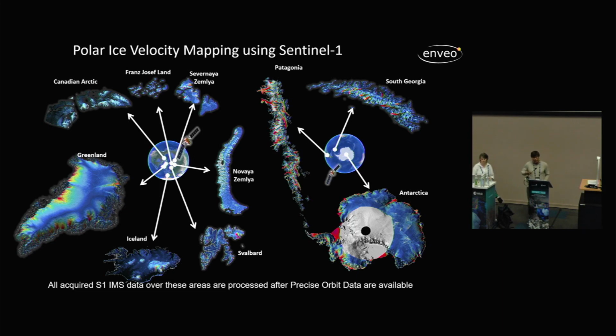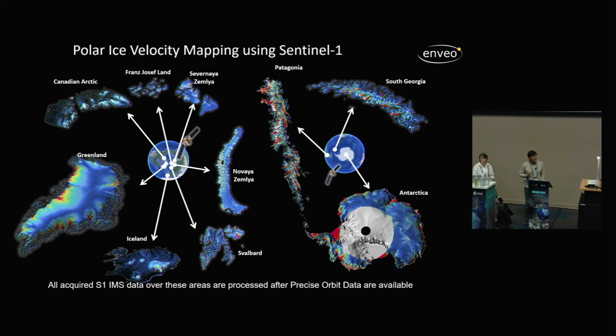So what we are continuously monitoring in various ESA projects, but also Copernicus services, are the big ice sheets in Greenland and Antarctica. Additionally, on the Northern Hemisphere, we are looking at Canadian Arctic ice caps, Franz Josef Land, Russian Arctic, but also including Iceland.